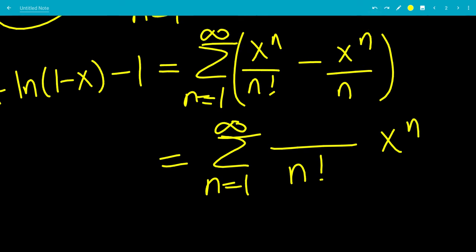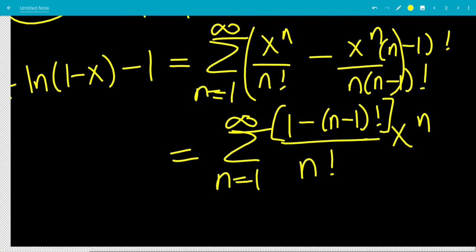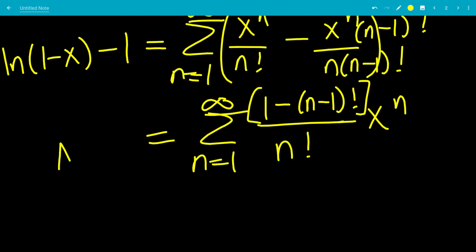On the top, for this one, we're going to have 1, because we're only taking out an n factorial. But for the other, we have n, so let's multiply top and bottom by n minus 1 factorial, because n times n minus 1 factorial is n factorial. So this will be minus n minus 1 factorial. And then just for clarity, all this is multiplied by x to the n. So this is part A, the answer.